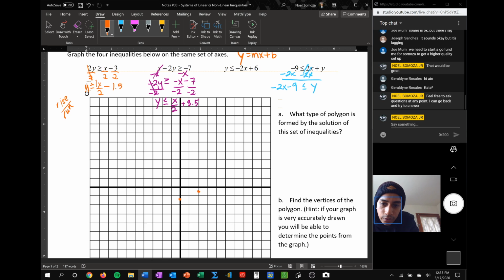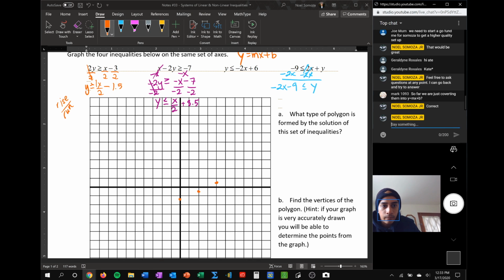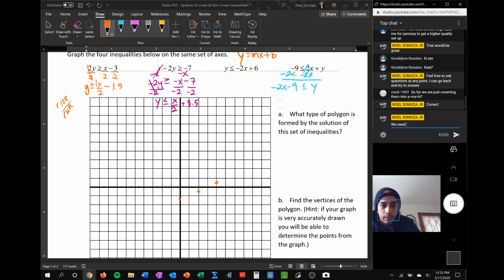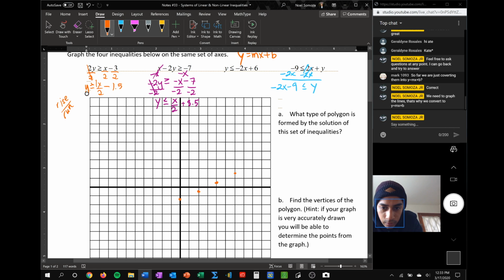Go up a full step and then run 2. And then one more time. Okay, so up 1 over 2.